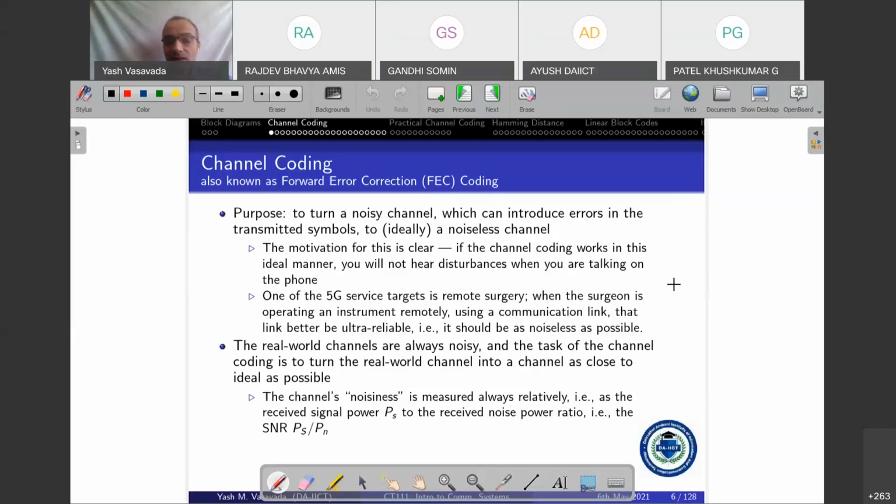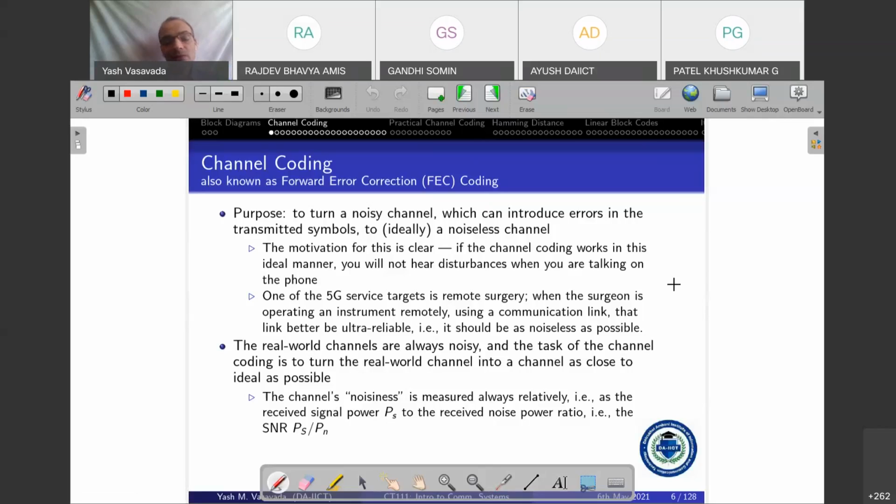But then in that case, what it means is that the signal power P of s received at the receiver, we can reduce it. And maybe that will definitely reduce the SNR, but the benefit we will get is that we will have to transmit less power from the transmitter. And that is very important. That is a big benefit.